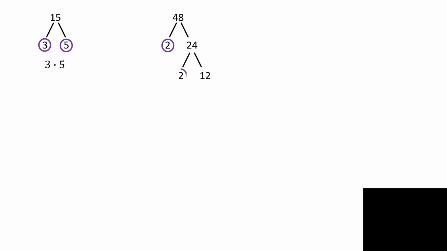Circle the 2. How about the number 12? Well, for 12, I can do 2 times 6. Circle the 2. How about the 6? Well, I can do 2 times 3. Circle the 2. Circle the 3.